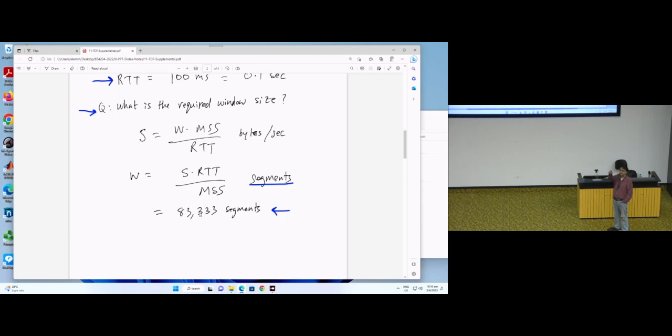Let's say you have a 10 gigabit per second connection. You're rich, and you can buy it. Another question is, can you actually utilize that link? If yes, why? If no, why?